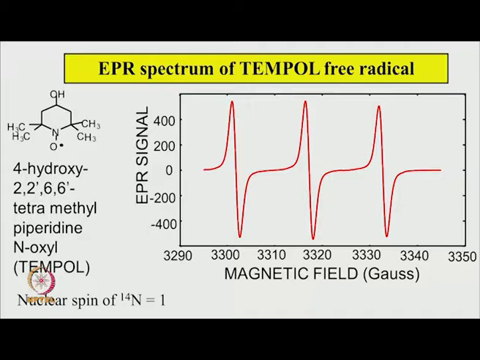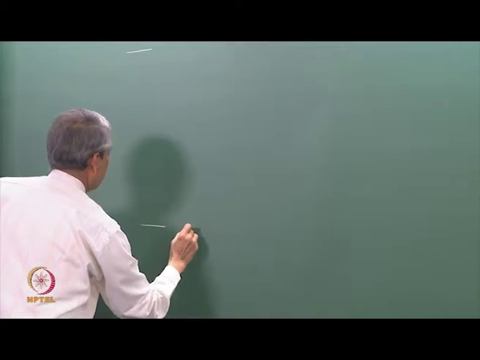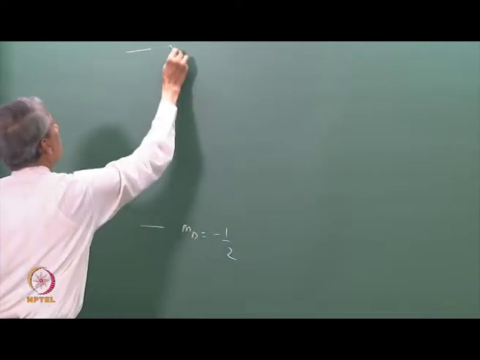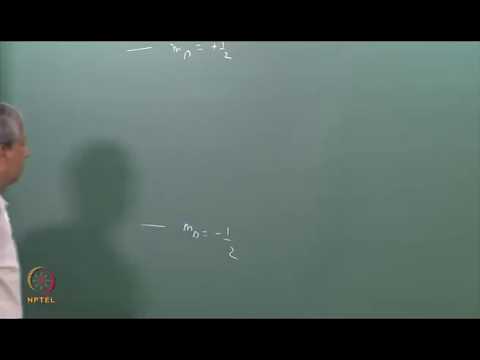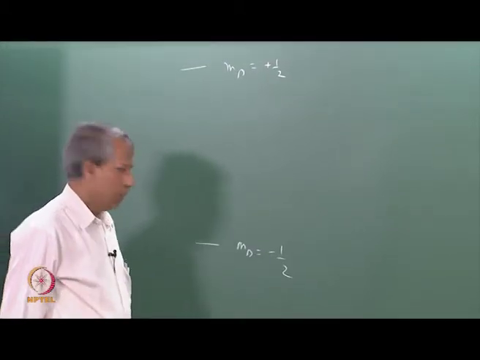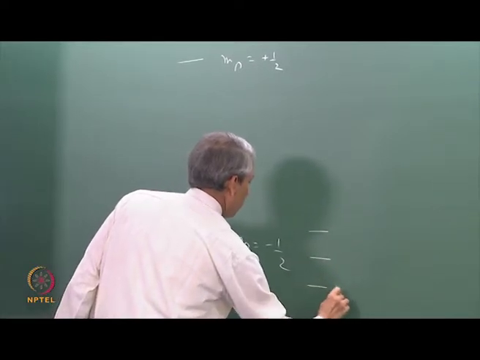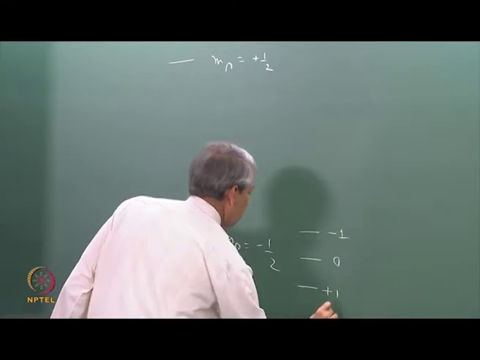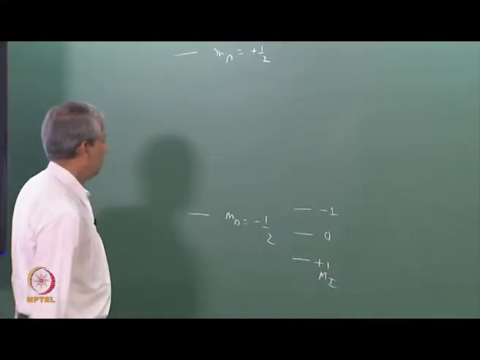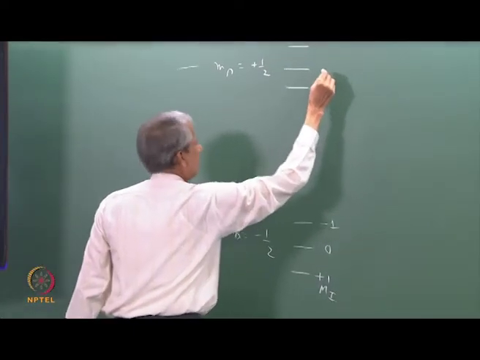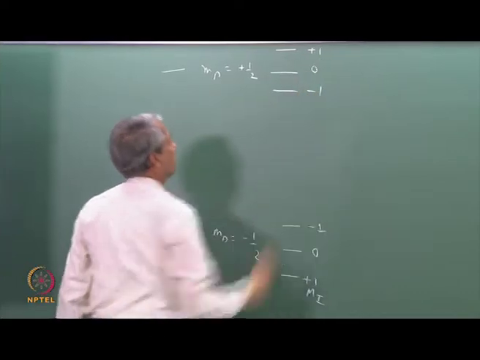Let us recapitulate how we arrived at that. First, the electron spin in a magnetic field splits into two because of the spin half, ms equal to minus half and plus half. Now, this interacts with the nuclear spin of I equal to 1, or mI equal to plus 1, 0 and minus 1. These are the possible mI values. Similarly, the upper energy level is also split into three, plus 1, 0 and minus 1.